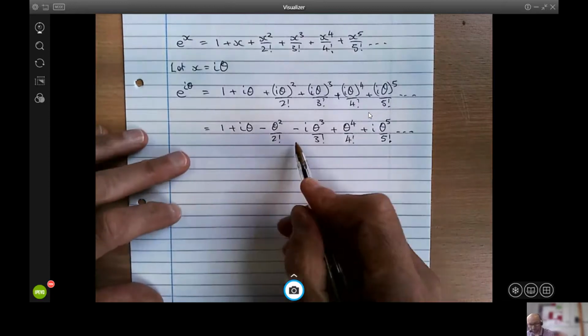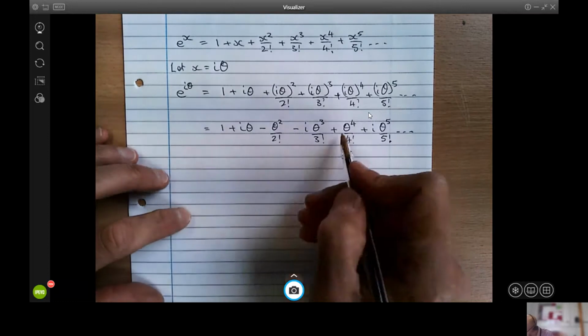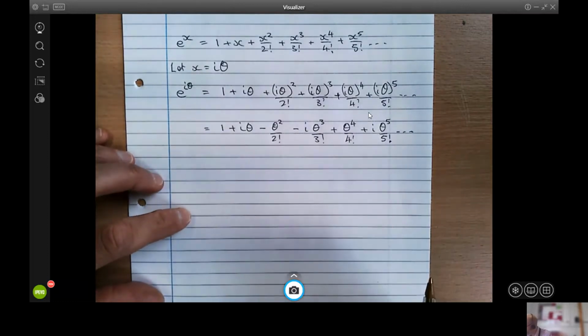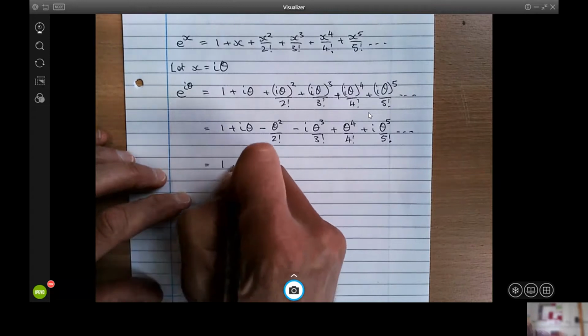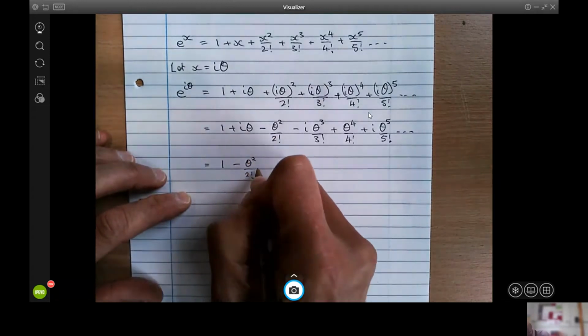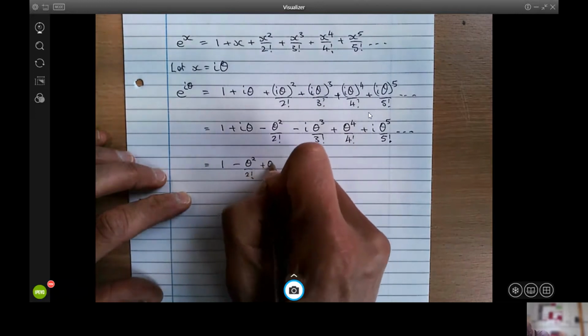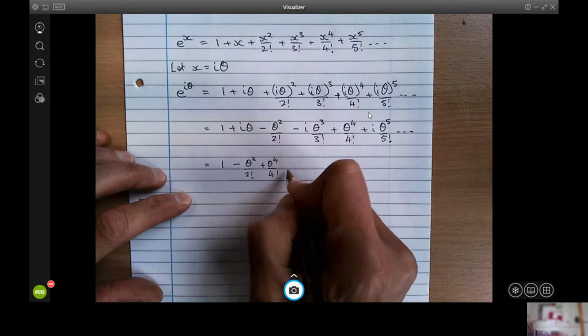And then we're going to split this out into real and imaginary parts. So this is 1 minus theta squared over 2 factorial plus theta to the power of 4 over 4 factorial, and so on.